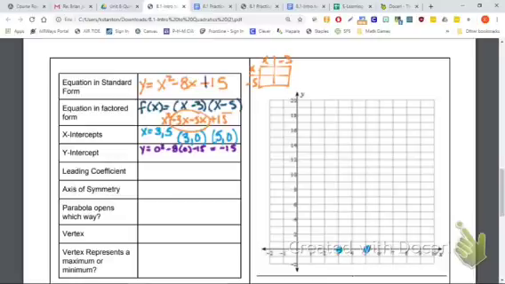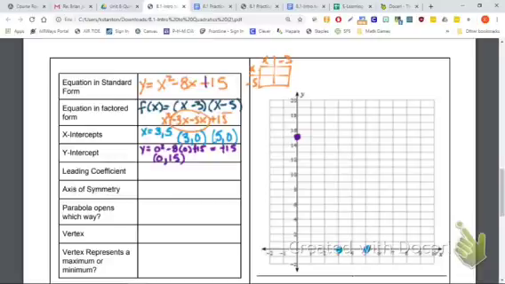Sorry, not negative 15. Wow. Positive 15. Let's go back and change that. See, I don't have a regular class right now to correct me on these things. So with this, guys, when x is 0, my y-intercept is going to be 15. So I can go over to my graph and go over 0, up 15, and put that dot there.